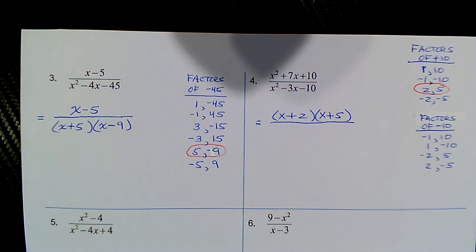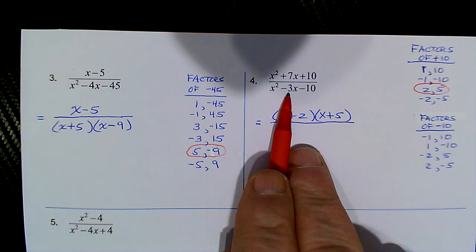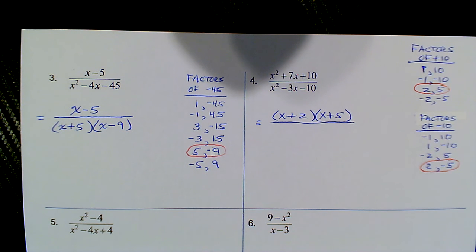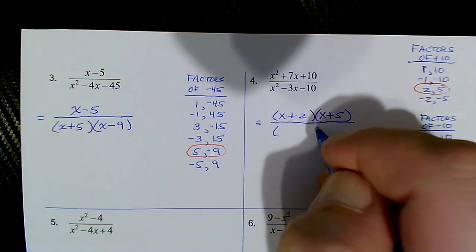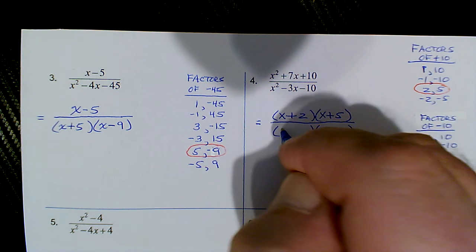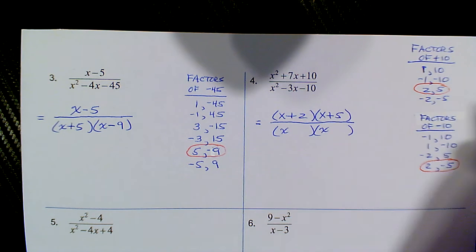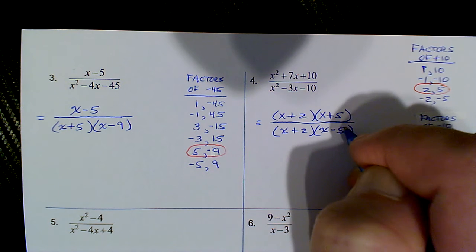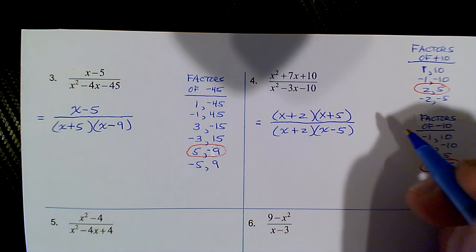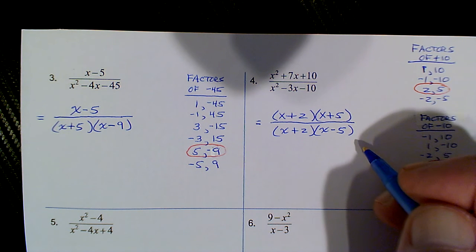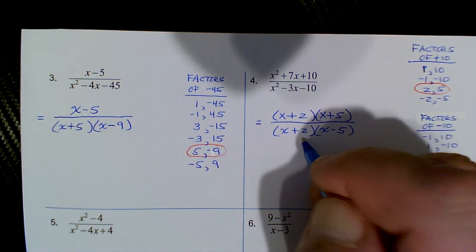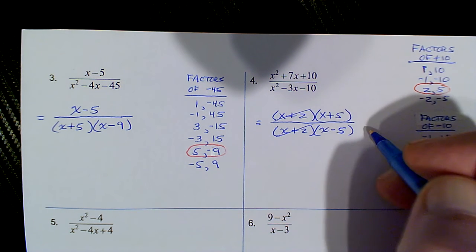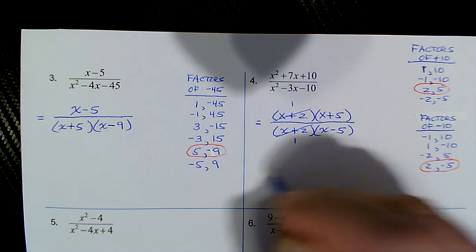And then the pair that combines to give us the negative 3 is the positive 2 and the negative 5. So again, could have set this up as a product of two binomials, x and x again, and a positive 2 and a negative 5. And then we could notice, and typically this is what's going to happen, that the numerator and denominator do have a common factor. The x plus 2's, cancel them out, replace them by 1's.